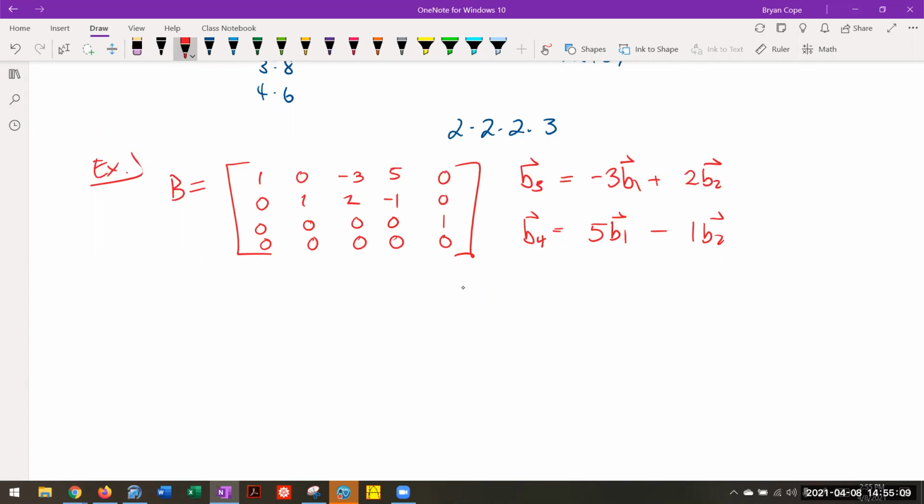Okay, well, what does it mean to be in the column space of B? It's within the span of the columns. Okay, well said. Linear combinations of the columns.